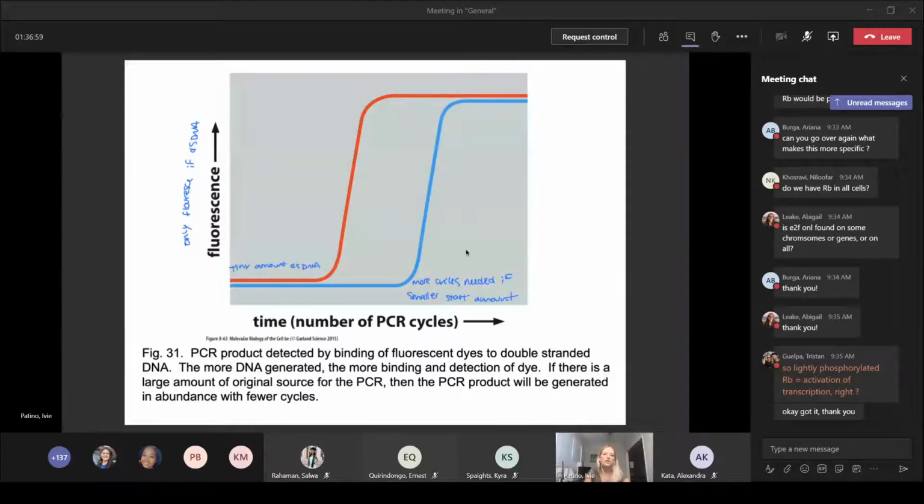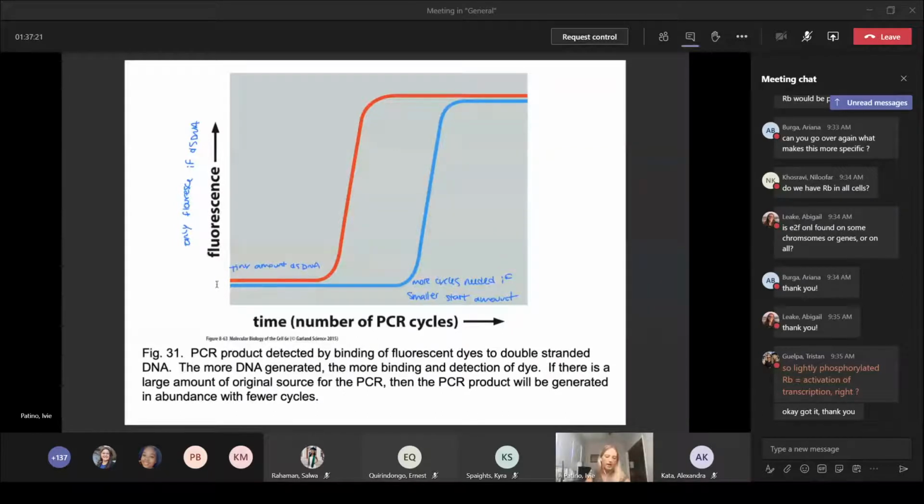And then on this image, he shows us the fluorescence with the number of cycles. On this red strand, we started off with not a lot of double-stranded DNA. That's what this DS in front of the DNA is.